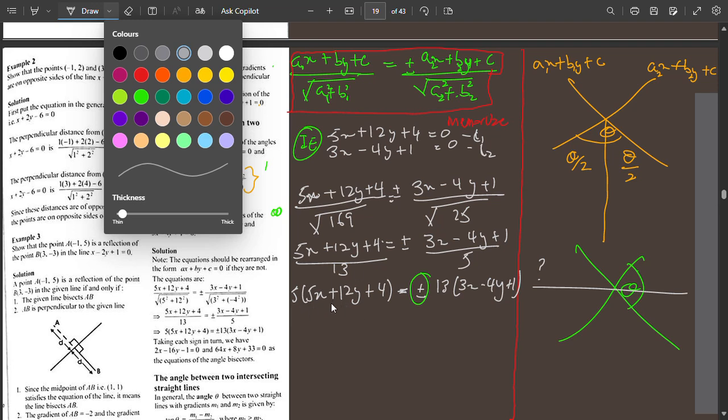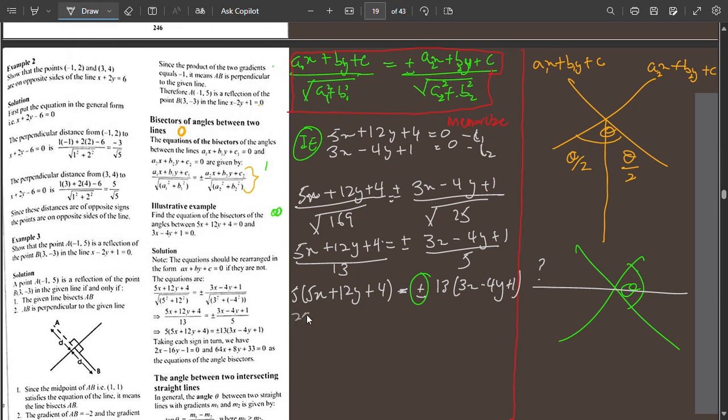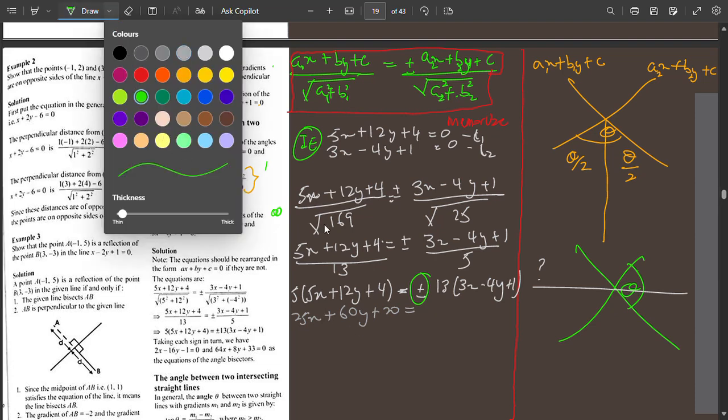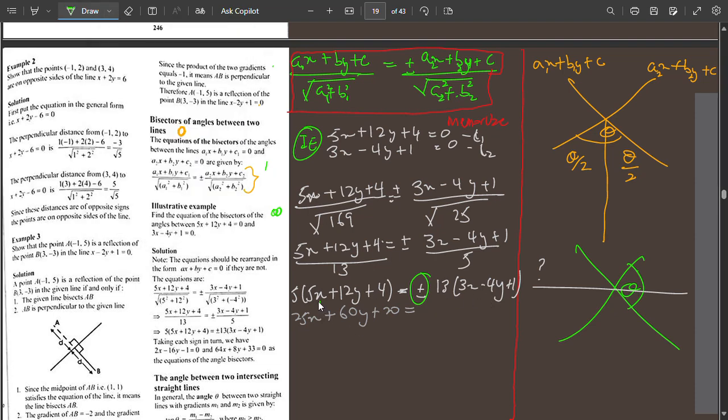I'm expanding it straightforwardly. So 25x plus 60y plus 20 is equal to, now we are choosing plus, so this is when I take plus first.